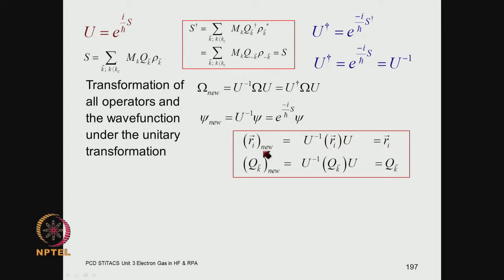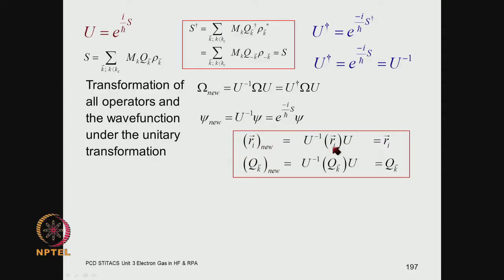What about the operators? The operators that we are working with are the position operators and the new position operators with Q. Okay. So, the new position operator, this Ri you can see immediately commutes with U, because what is U made up of? U is made up of S, and what is S made up of?